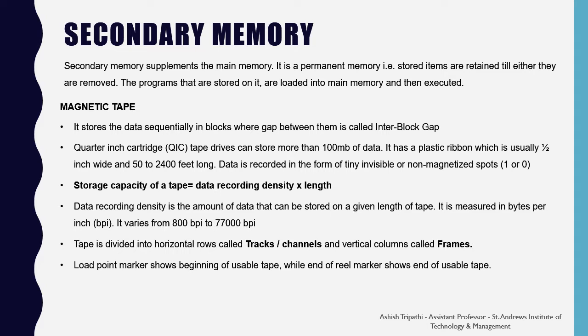Tape is divided into horizontal rows called tracks or channels and vertical columns called frames. Load point marker shows the beginning of the usable tape, while the end of the reel marker shows the end of the usable tape.